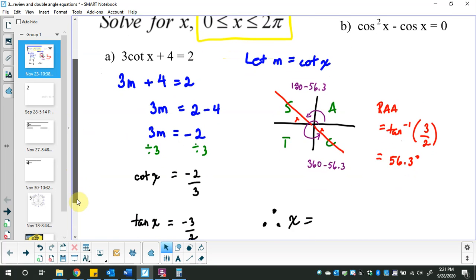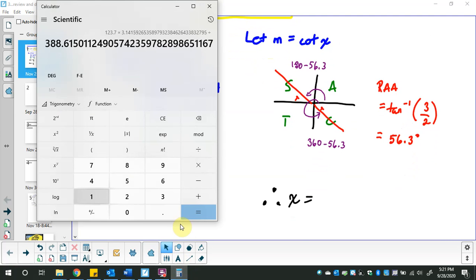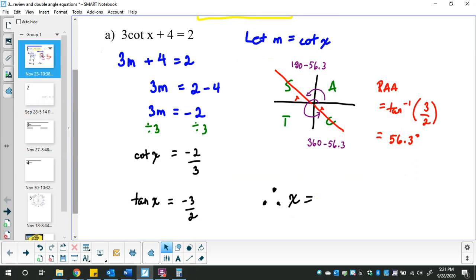So I'm going to do that quick little calculation on the calculator. So that's times pi divided by 180. And that turns out to be 2.16 radians for that smaller rotation.